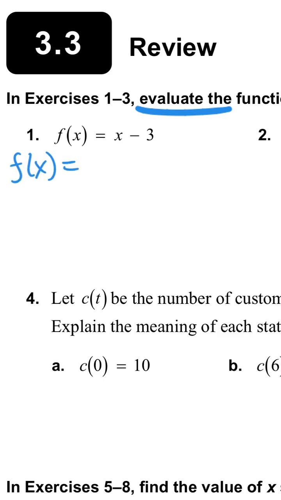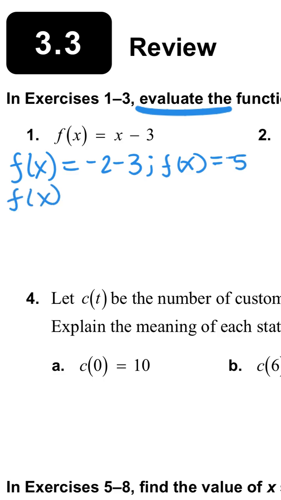So we have f of x equals -2 minus 3. What is the answer to that? -2 minus 3 gives me -5. Correct. Then we have f of x equals 0 minus 3, which is -3.